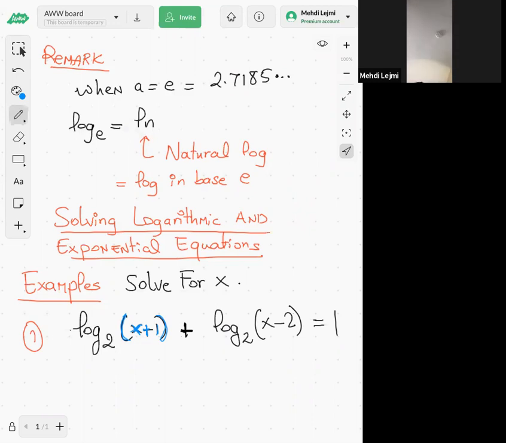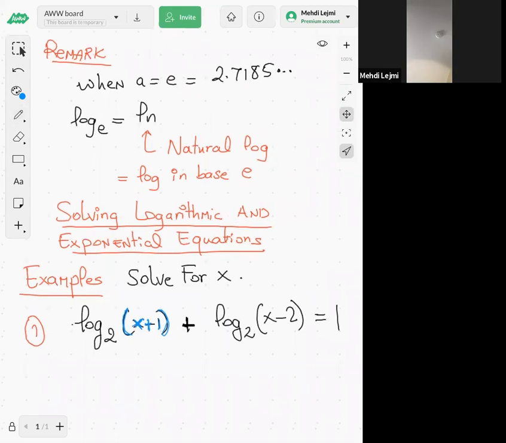I want to get rid of the log, but I have 2 logs, the log of x plus 1 and the log of x minus 2. So if you have more than 1 log, the first step would be to combine all the logs into just 1 log. So step 1.